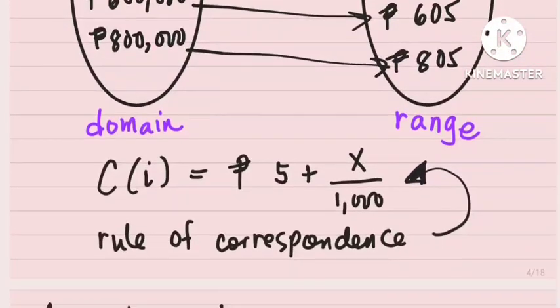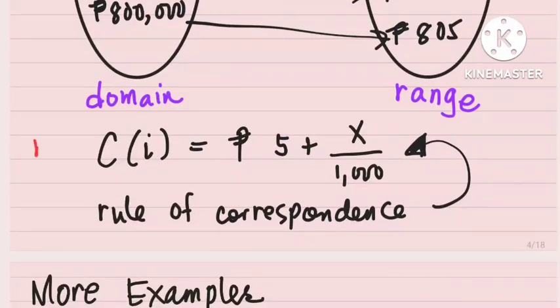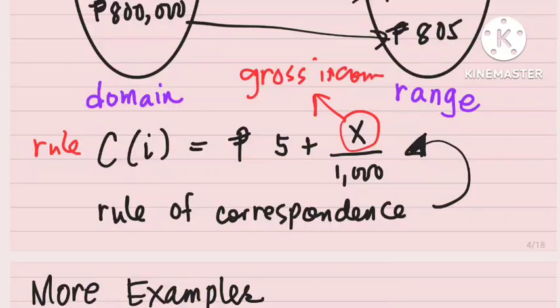So let's say this is our rule. If we are to interpret the rule, let X be the gross income. If your gross income, so correction, this should be X.